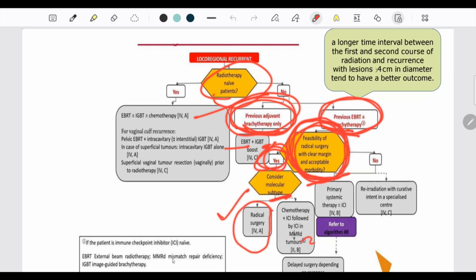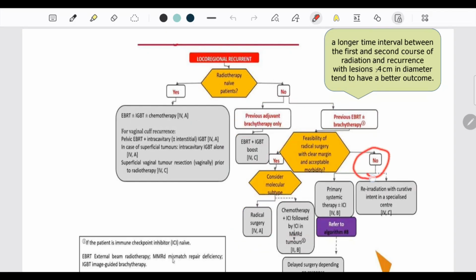In case of an MMRD tumor, that is, after doing molecular subtype it came as mismatch repair deficient tumor, then chemotherapy plus immune checkpoint inhibitor followed by immune checkpoint inhibitor should be given. If surgical margin cannot be negative, then primary systemic therapy plus or minus immune checkpoint inhibitor should be given. Re-irradiation with curative intent in a specialized center can be considered.